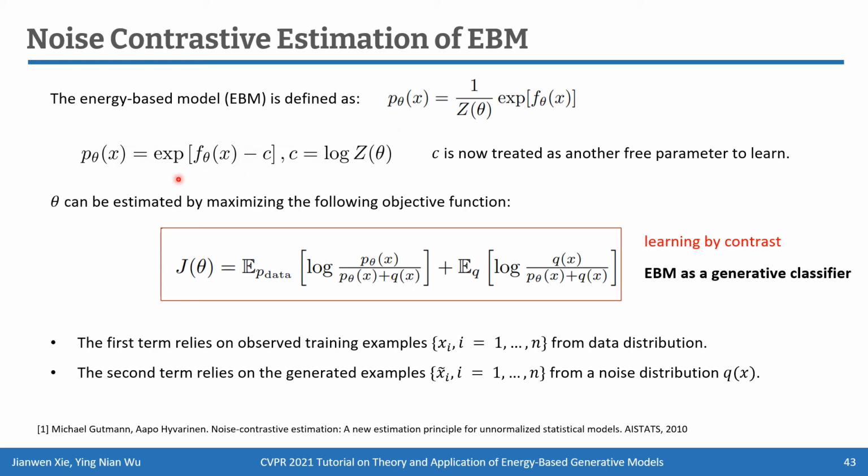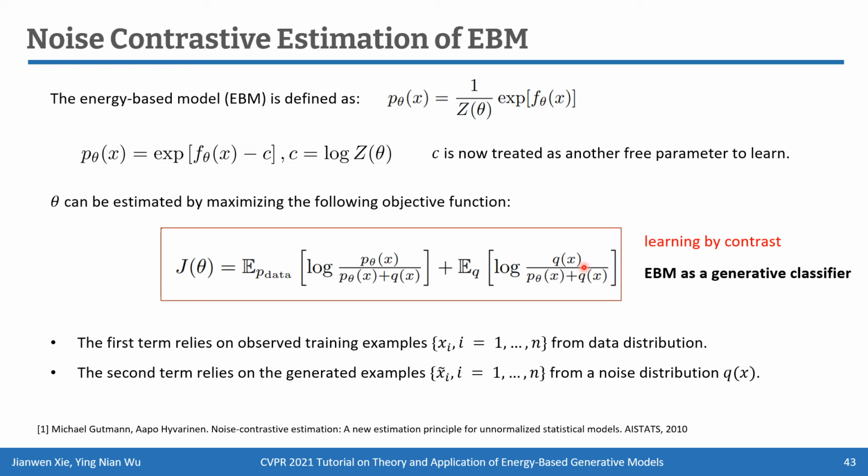You can also write this in exponential form where C is the log of Z. According to the NCE method, noise contrastive estimation, theta can be learned in contrast against a noise distribution Q. This Q of x is a very simple distribution so that we can write down the normalized density in closed form.